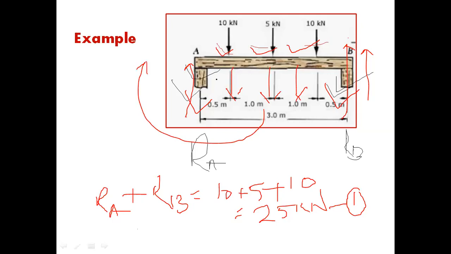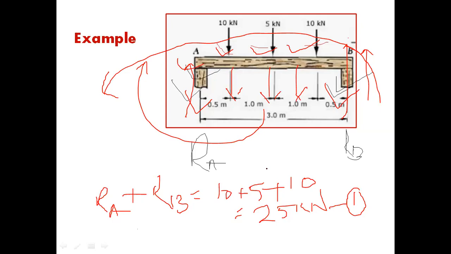I think you understand what I'm telling you. And due to the support reactions, the beam tries to rotate in the anti-clockwise direction. Then if we equate the clockwise moment to the anti-clockwise moment, we can easily find out the reactions RA and RB.